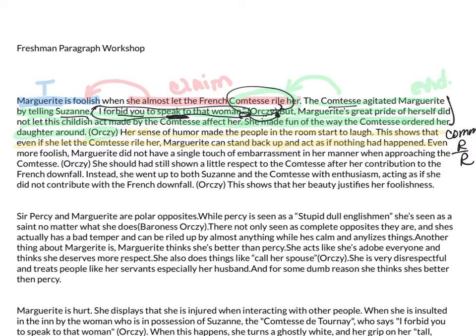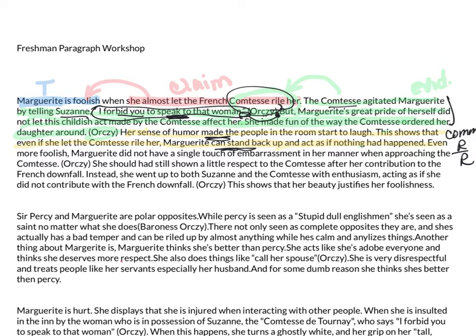A type of reasoning. So do I have a type of reasoning? Well, I think that we're looking at cause and effect, because we're looking at the effects of this, that she is standing back up, that she's making people laugh. So I do see some reasoning. Second, what am I looking for? Yep, return to the topic.